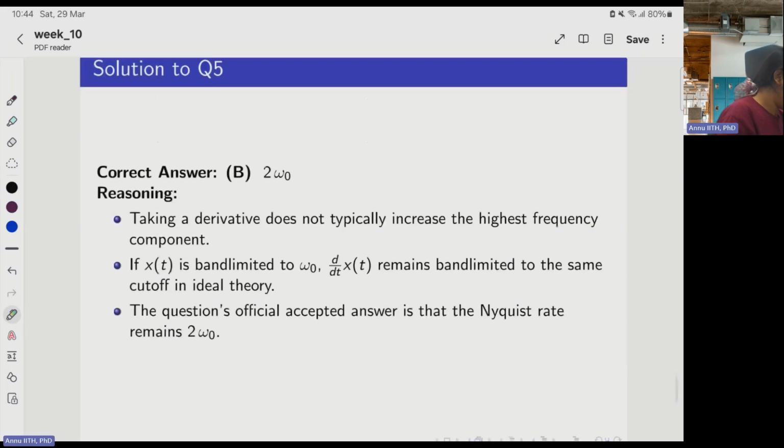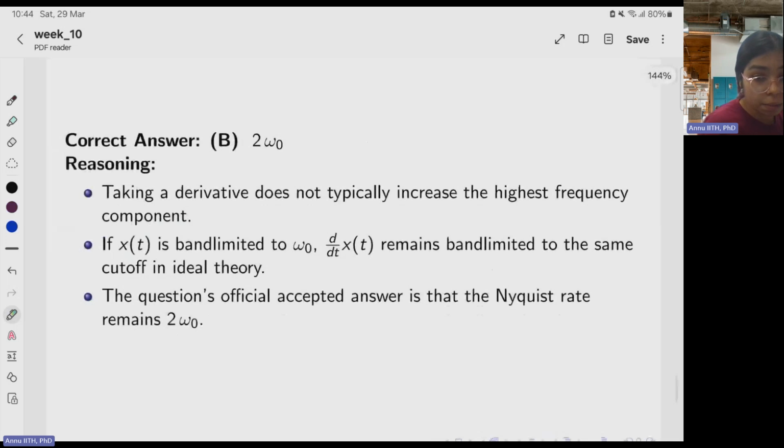2 omega naught only, because taking the derivative doesn't typically increase the highest frequency component. So if x(t) is band limited to omega naught, then d by dt of x(t) remains band limited to the same in the ideal theory. So the officially accepted answer was 2.